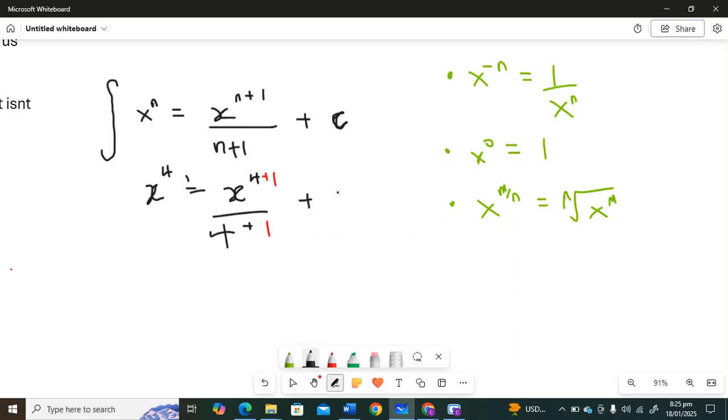Now, the reason this plus c is coming is because integration is the reverse of differentiation. So this c just represents the constant term. When you hear the word constant term, it's just a number without a letter. Colleagues, constant term, number without a letter. So for now, please don't get confused by that c. Just focus on what I'm doing. 4 plus 1, that is 5.